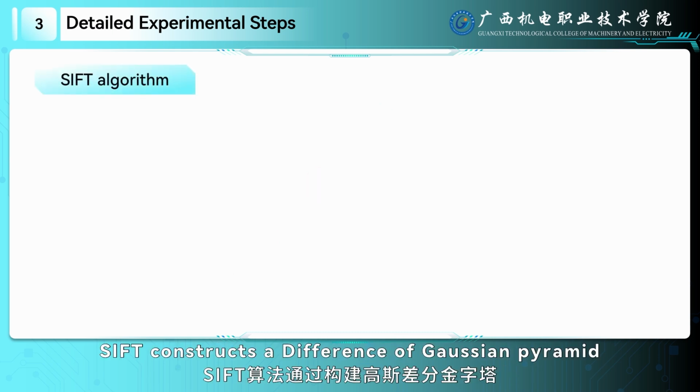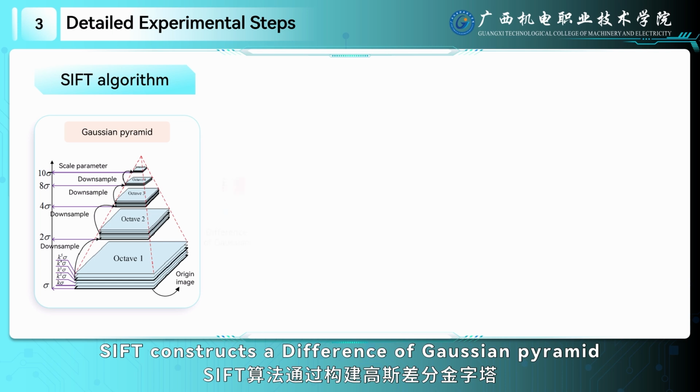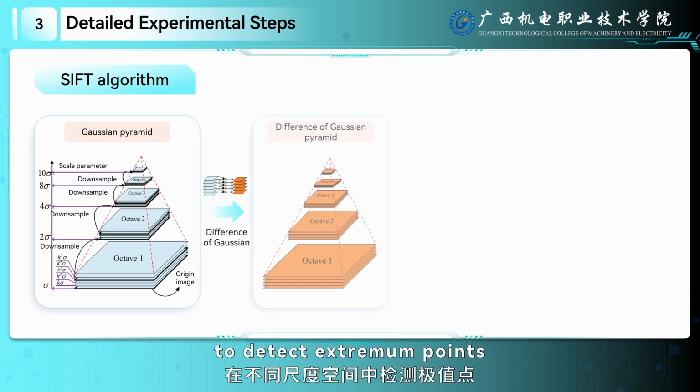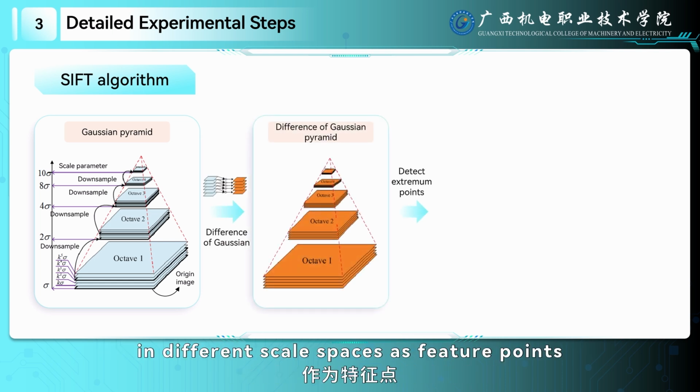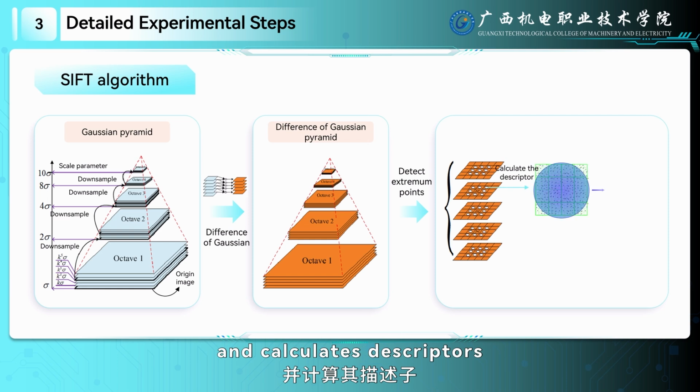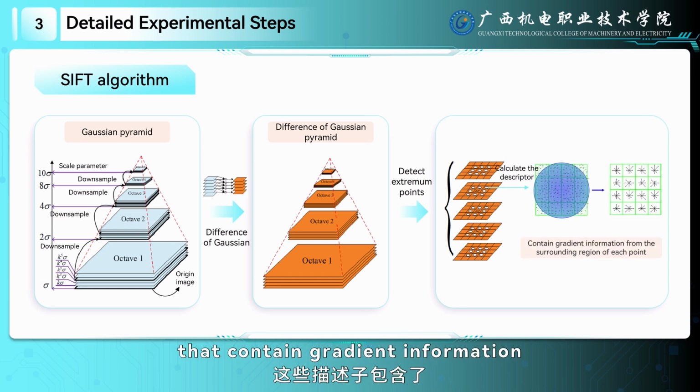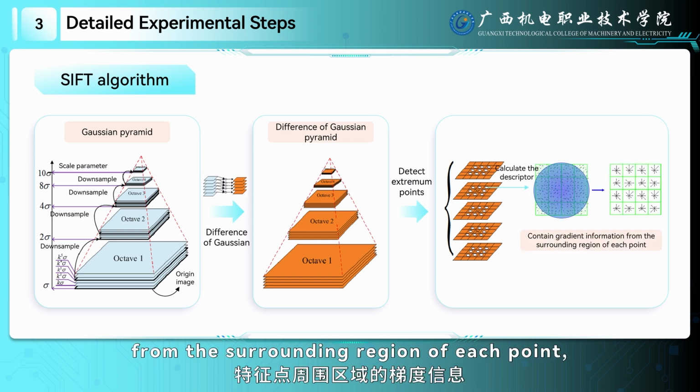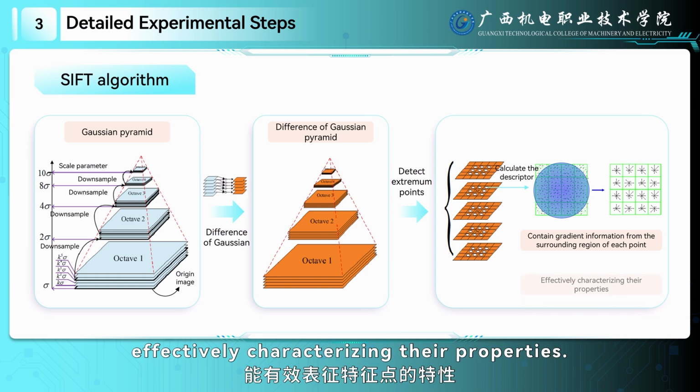For example, SIFT constructs a difference of Gaussian pyramid to detect extremum points in different scale spaces as feature points and calculates descriptors that contain gradient information from the surrounding region of each point, effectively characterizing their properties.